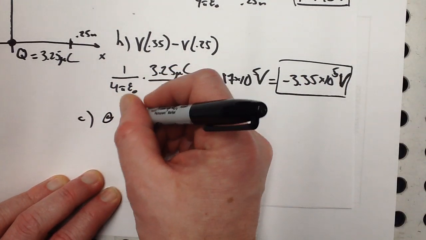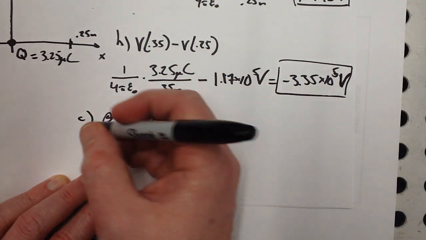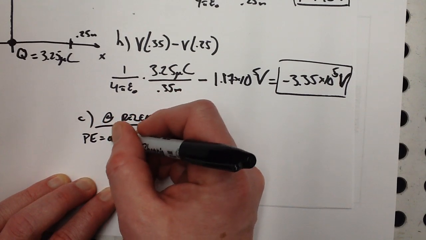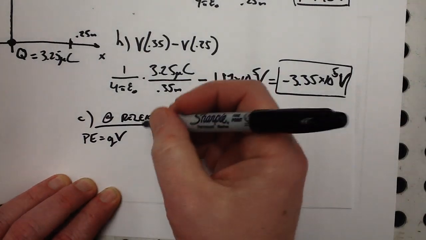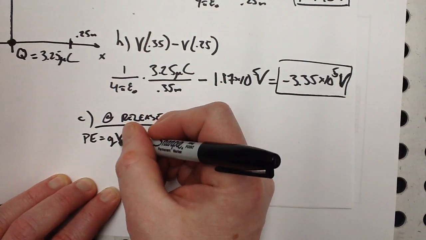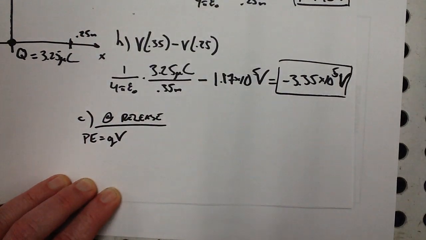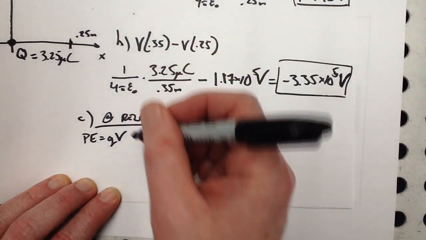At the release, we've got potential energy that's equal to charge times electric potential. I'll call this, at the release, we're releasing it at 0.35, so we'll just pull that out from here.